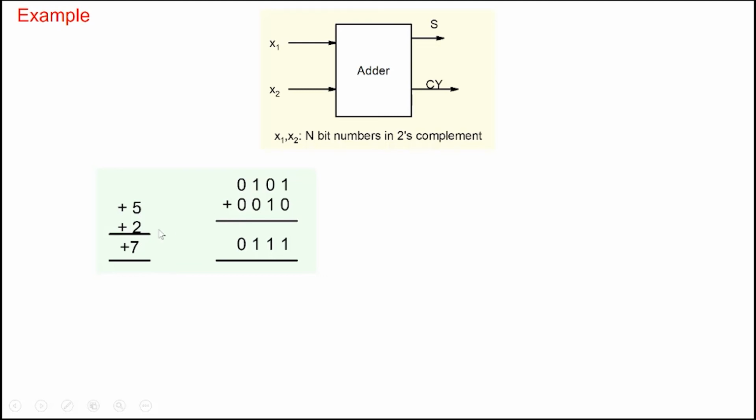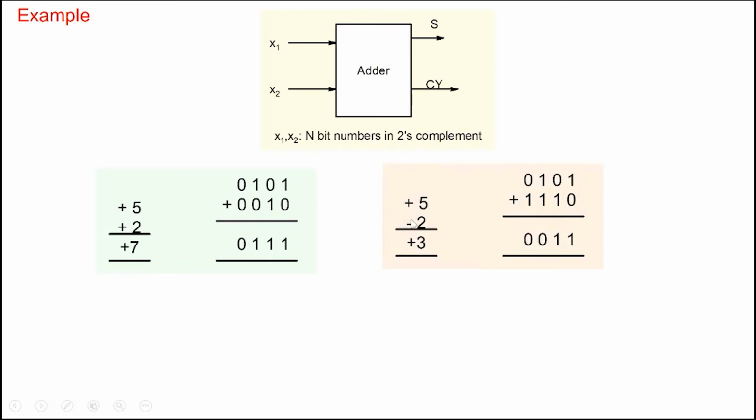Right, so plus 5 and plus 2, you know the answers that are there. Both of them are represented in 2's complement form. So in 2's complement form, a plus number is 0 and then 101, so it's represented as a normal number. Suppose you want to do 5 minus 2.